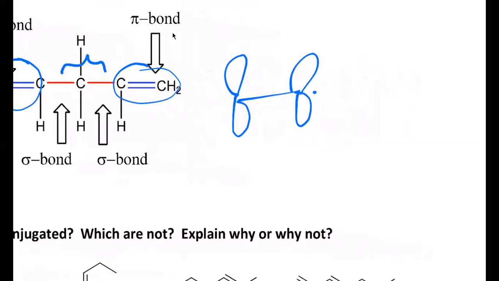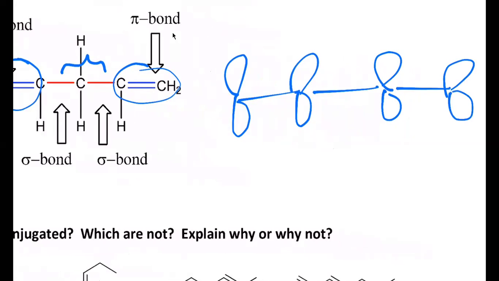All right, so the next pi bond will have to be on two carbons here, right? So this would be your pi bond, this would be your sigma bond, and then this would be pi, right?